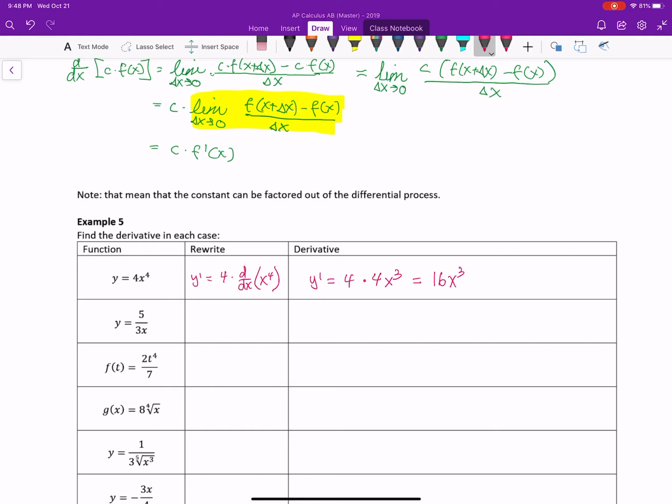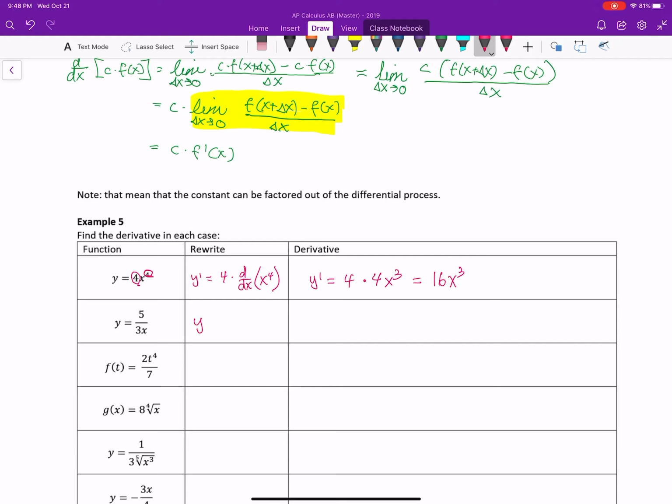I'm fine with that. You don't have to write the rewrite for this. Normally, you wouldn't rewrite that. Normally, you would look at this and say, okay, we take the coefficient times the exponent. That's going to be the leading coefficient of our derivative, and then you reduce the power by 1. But if you have something like the second problem here, it does help you to rewrite this.